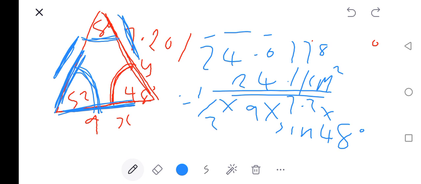So on the one for the sine, how do you know that it's the one? You've been given 9. You have to pick the one with the sine.